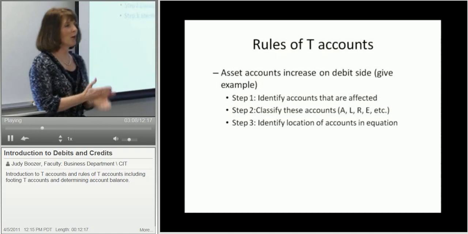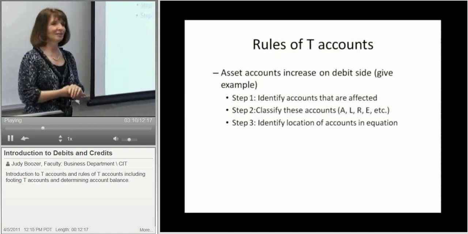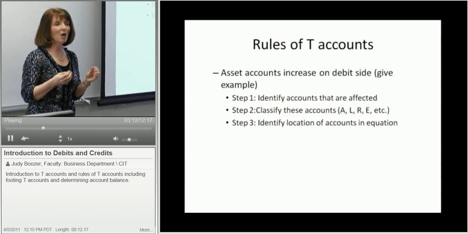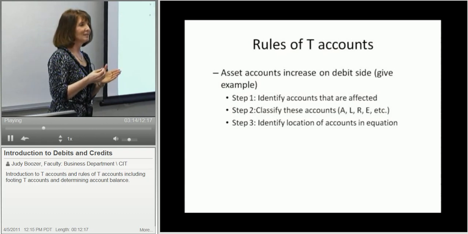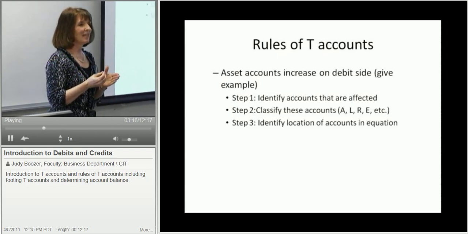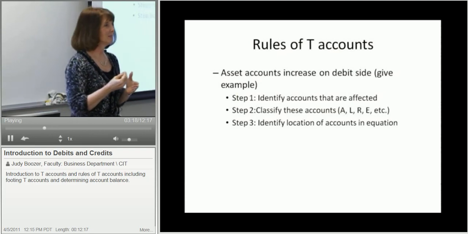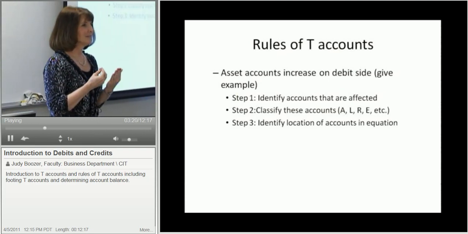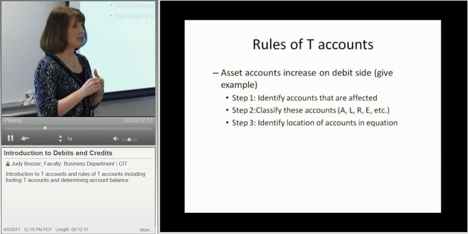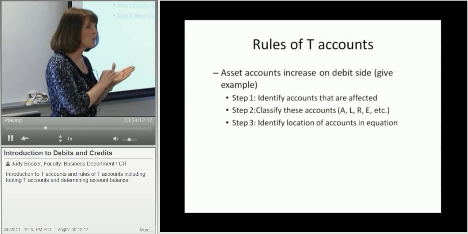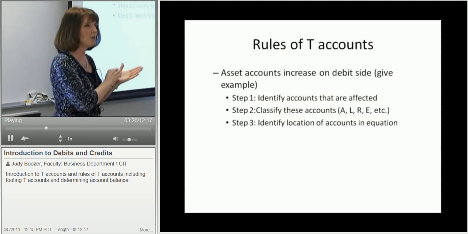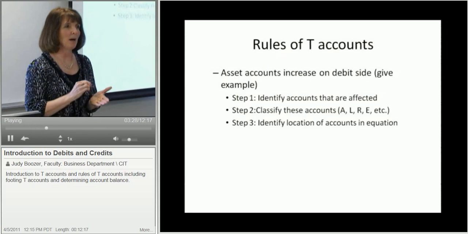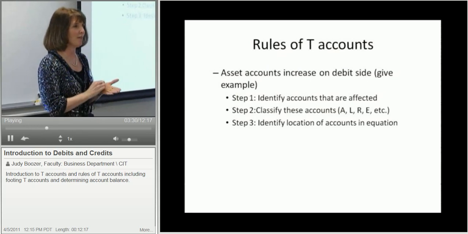So if we're going to debit cash, what account would we credit? Investment. Remember when we did business transactions last time? What would we credit, or what would be the other account impacted by an investment of cash in the business?